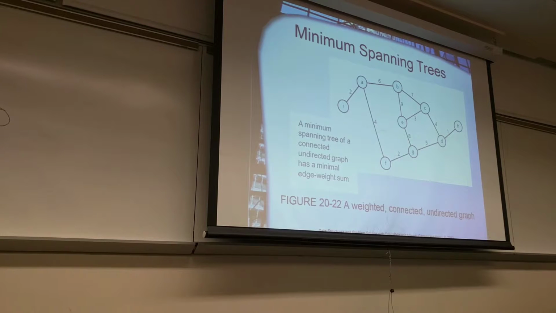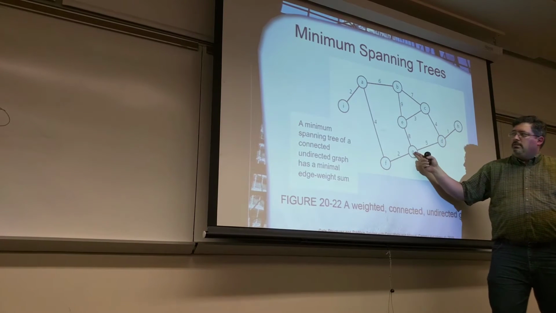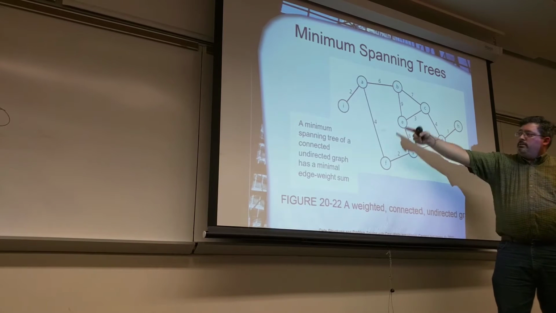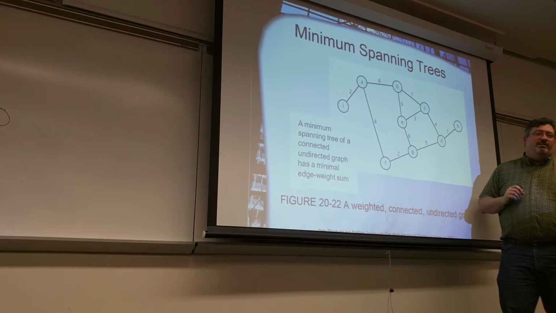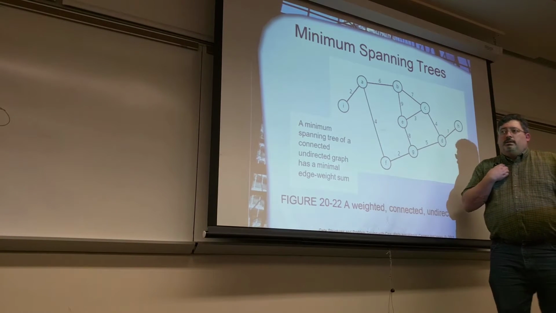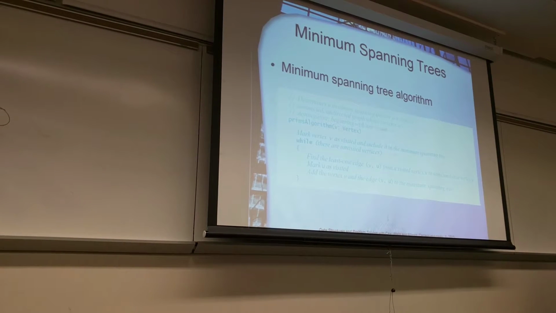There might be a way, for example, I might be able to get rid of this 8, because I could get to G this way, and my total cost is 6, as opposed to from A to G of 6 plus 9 plus 8. So that's a lot more expensive to get there. So the next algorithm we're going to look at is Prim's algorithm, which is how we can find a minimum spanning tree.